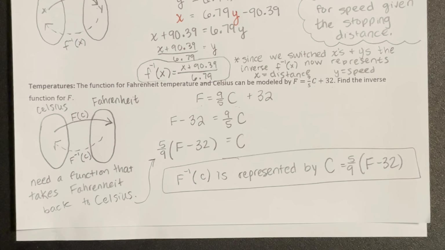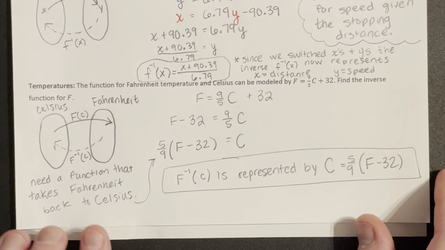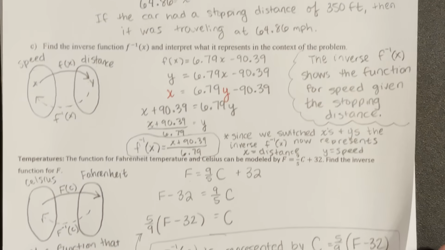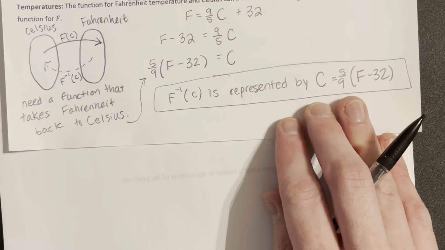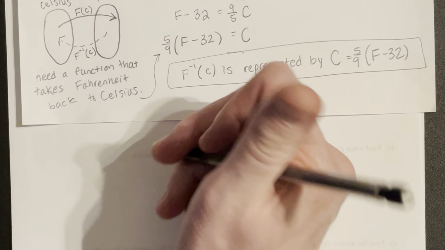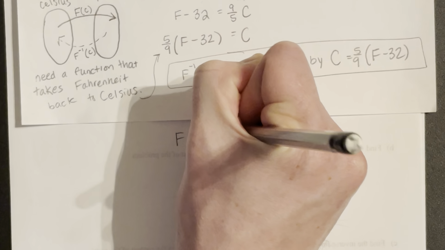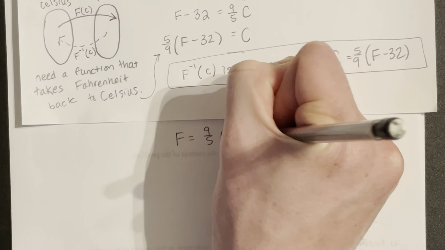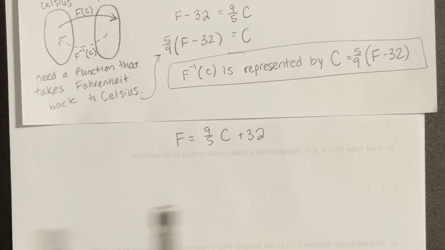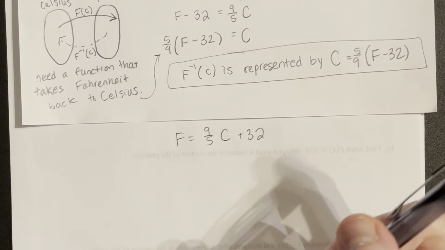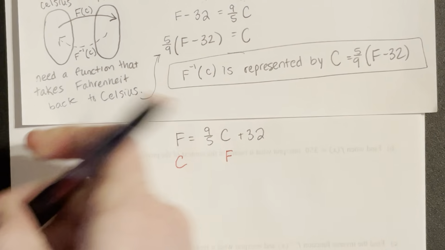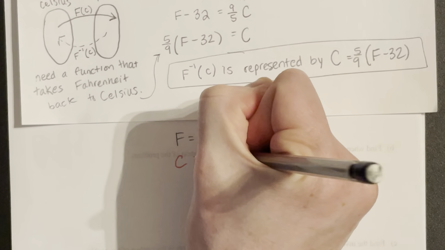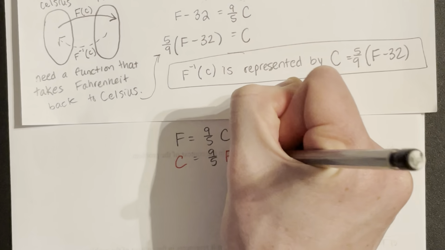Okay? If I show you what it would look like swapping our x's and y's, I'm just going to do it off here. We would have f equals 9/5 c plus 32. And if I swap these, we would have c equals 9/5 f plus 32.